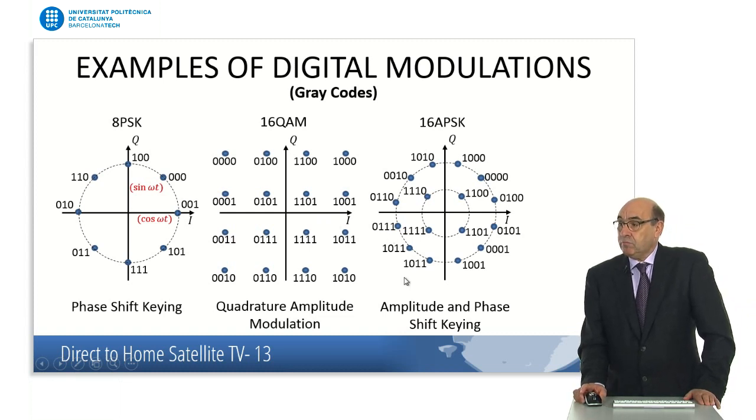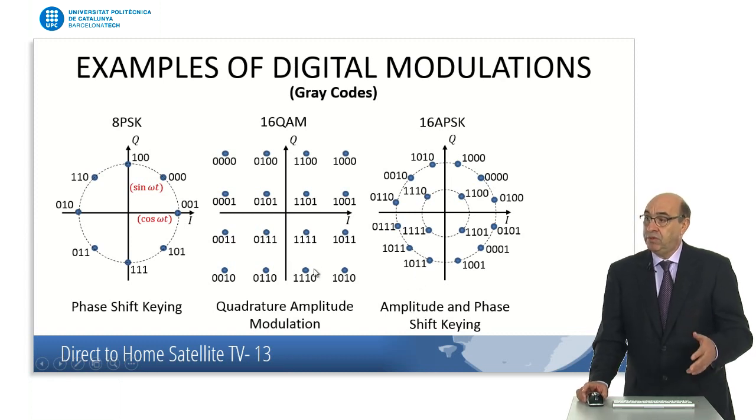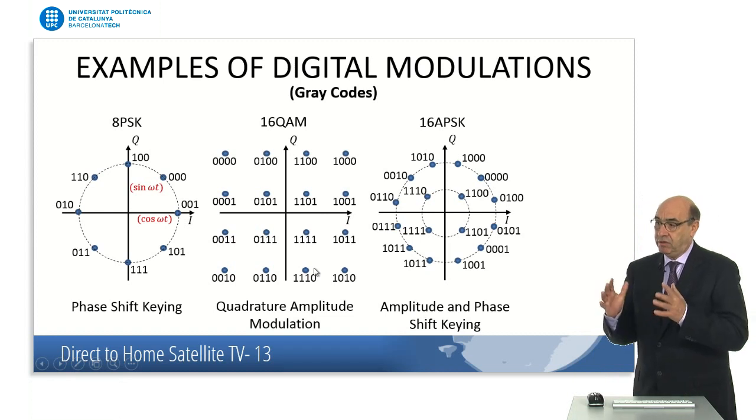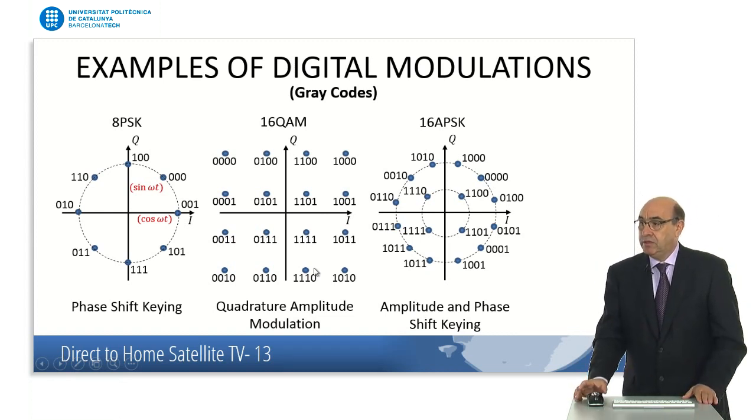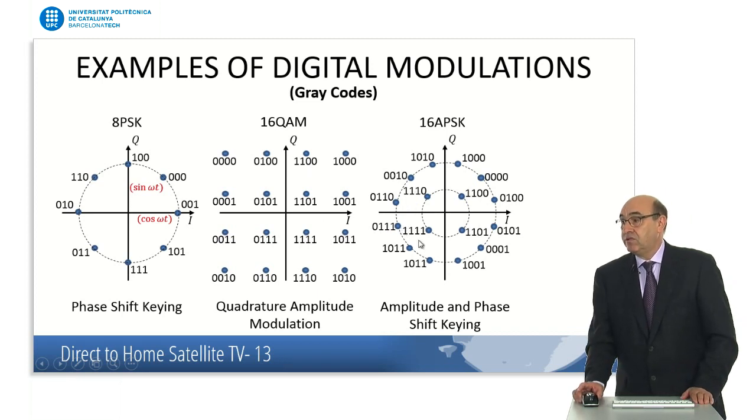And in the satellites we are going to talk about, you are going to also see this kind of modulation. Here we change amplitude and phase. Well, here the amplitude was just changing, but in principle nothing more. This plot is more or less like this one, but instead of a rectangular grid, here we have a circular grid.